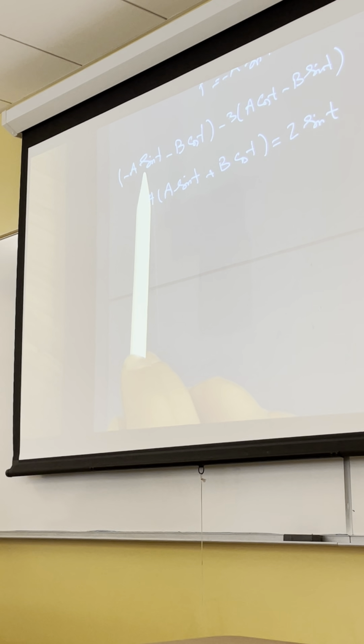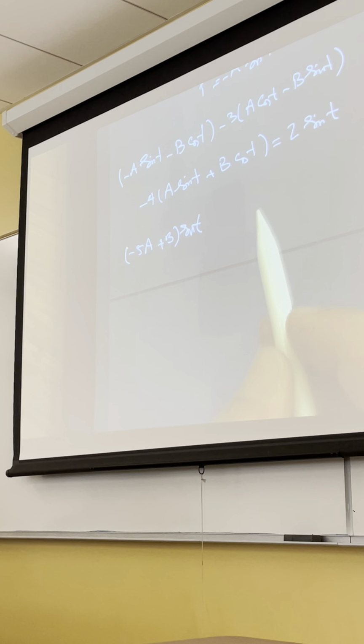So the left hand side, let's just look at the sines of t. So you have negative a plus 3b negative 4a. So that's negative 5a plus 3b sine of t. And then we're gonna clean this up with the cosine.